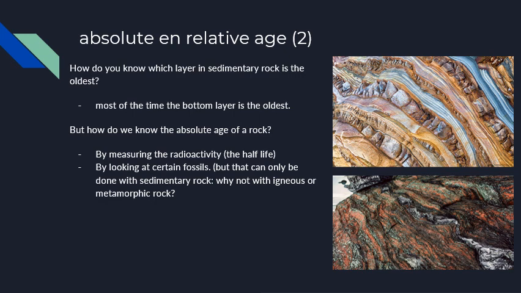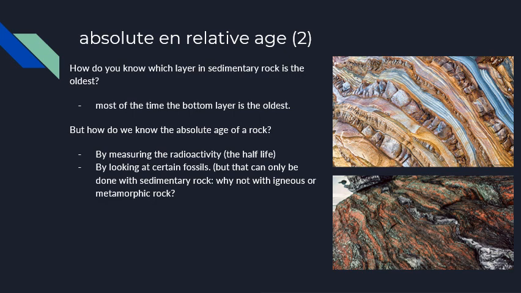As I just told you, most of the time the bottom layer of these layered type of rocks is the oldest, but that is not always true. When you are talking about compression, which of course happens in mountain ranges, it could happen that the bottom layer turns around, it flips and gets on top.